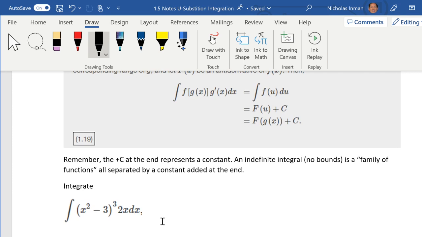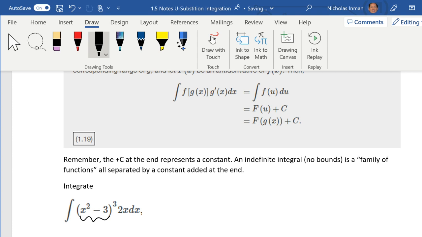All right, here's generally what this is going to look like. I see with this function, we have a bigger thing. We have something cubed. Okay, we've got that something cubed. Inside of the something cubed, I see this thing.